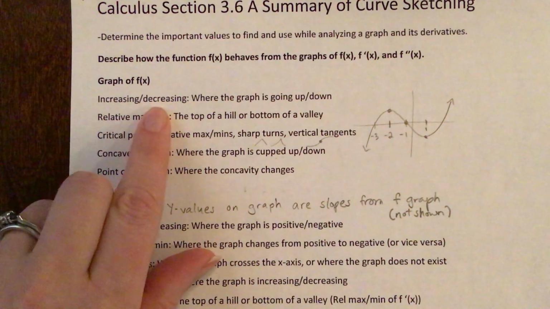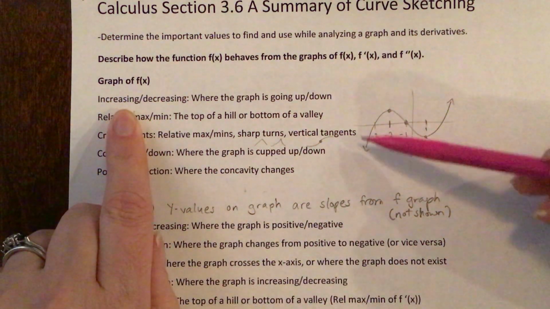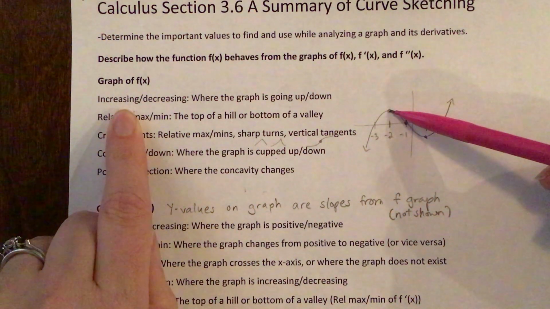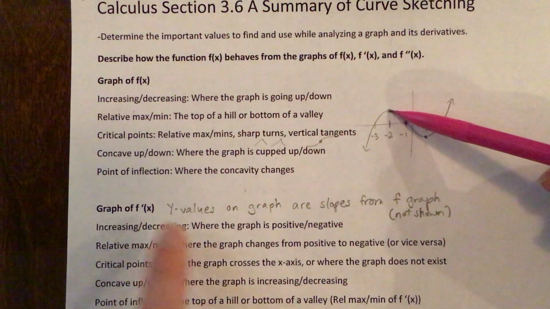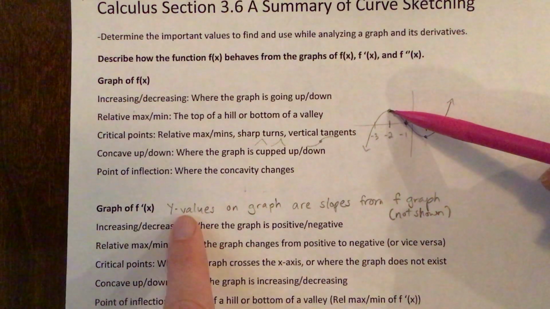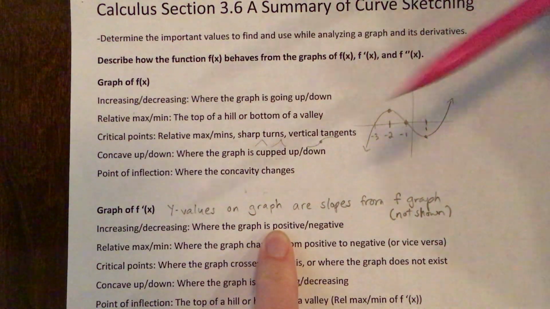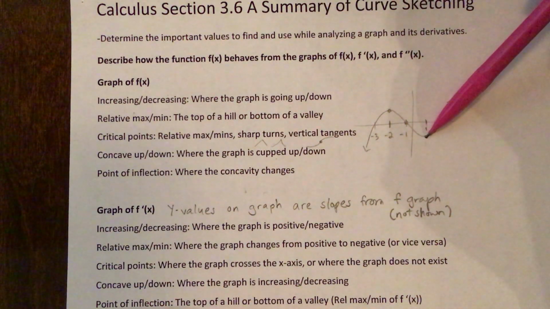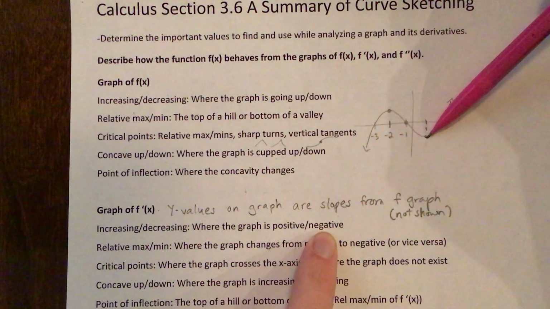Just the y values, what they mean, changes. So we know from the graph of f of x that your function is increasing when your graph is going up. Well, here the graph is going up, and on every single spot there, the tangent line would have a positive slope. So that means that your graph of f prime would itself be positive. The y values on the f prime graph would be positive from here to here. And then, since our graph of f of x would be decreasing from -2 to 1, the graph of f prime of x would be negative in that interval.